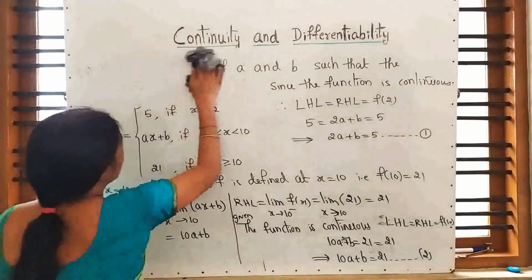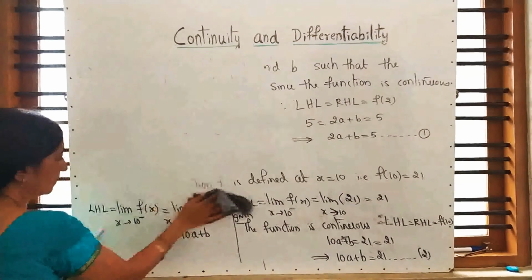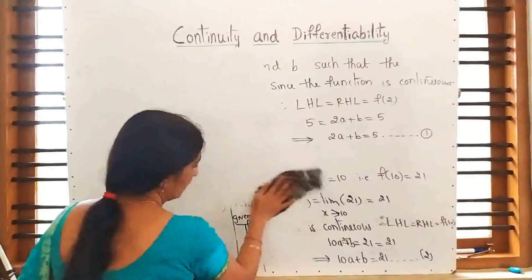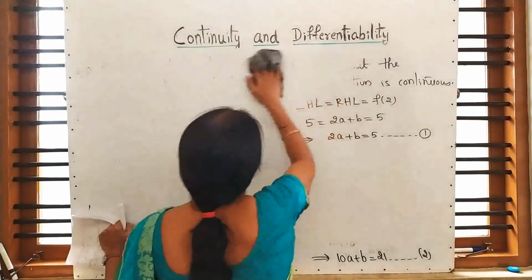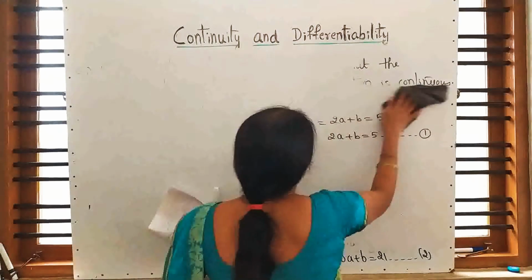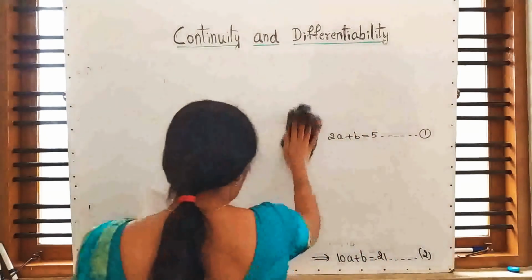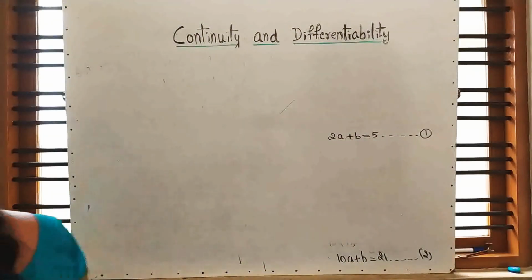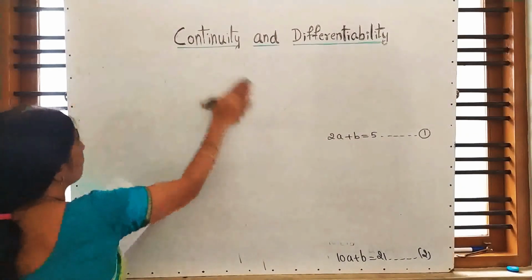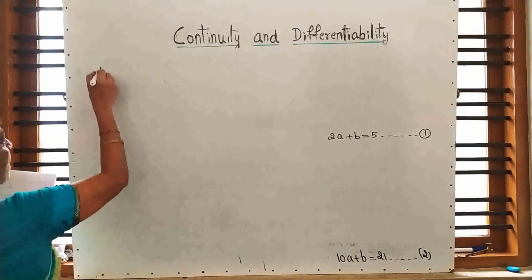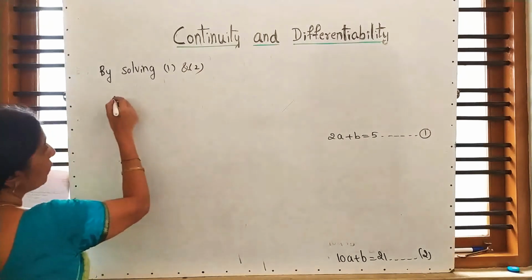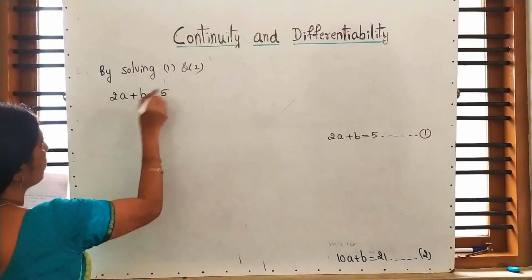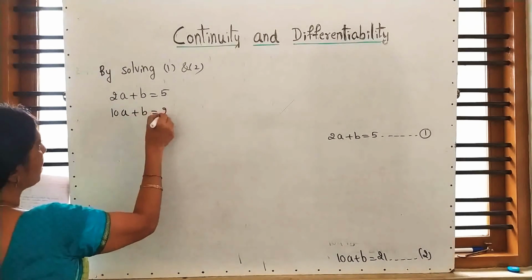So we will solve that. By solving equations 1 and 2: 2a plus b is equal to 5, and 10a plus b is equal to 21.